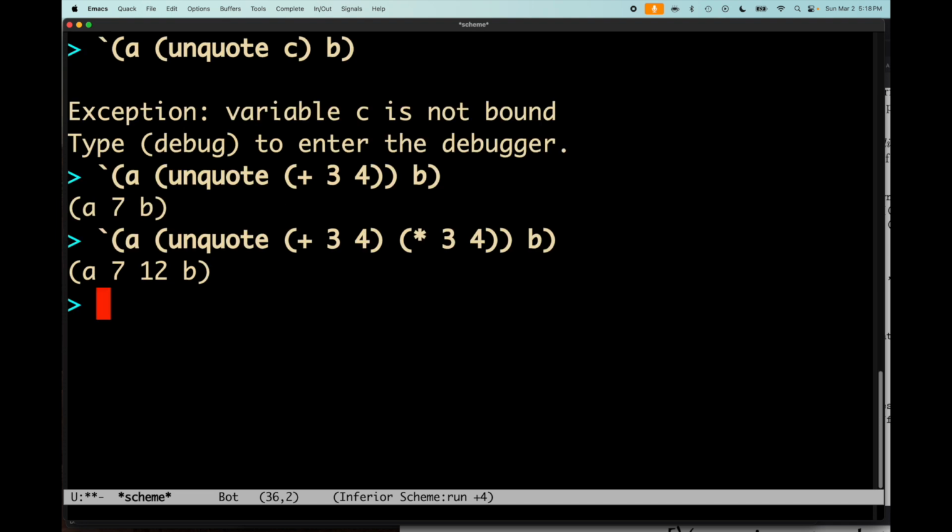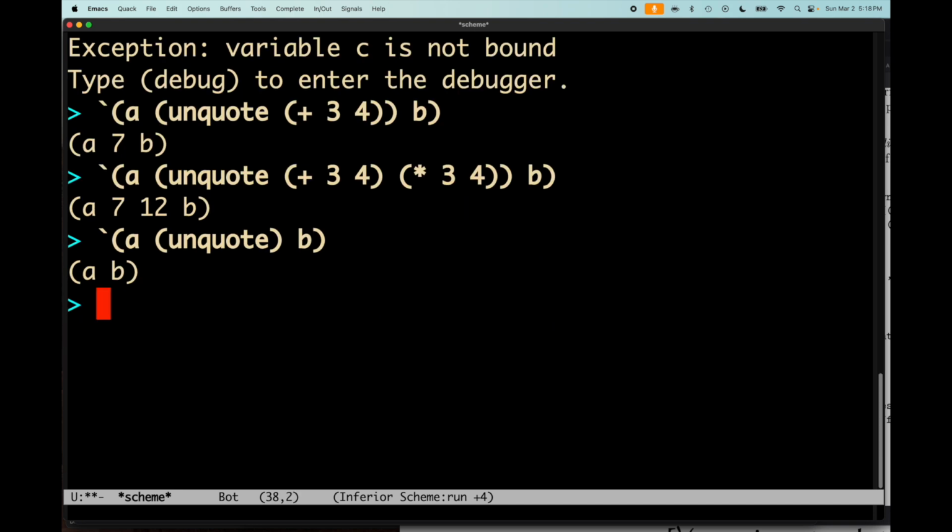All right, sure enough, unquote actually can be used with more than one expression and with 0 expressions. Okay, so I didn't know that. But let's say we wanted to do this.